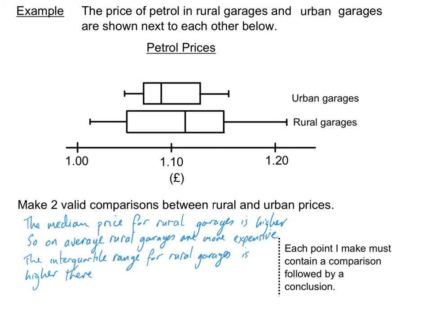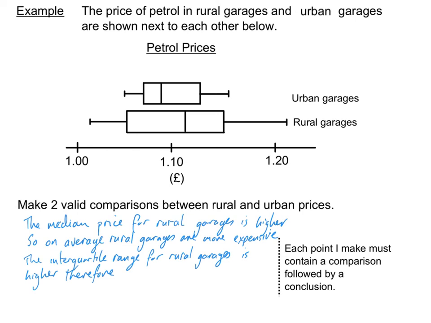Therefore, now remember, what an interquartile range or a semi-interquartile range tells you is how spread out the data is or how varied it is. Because the rural garages have a much higher interquartile range, it means their prices are less consistent or more varied.